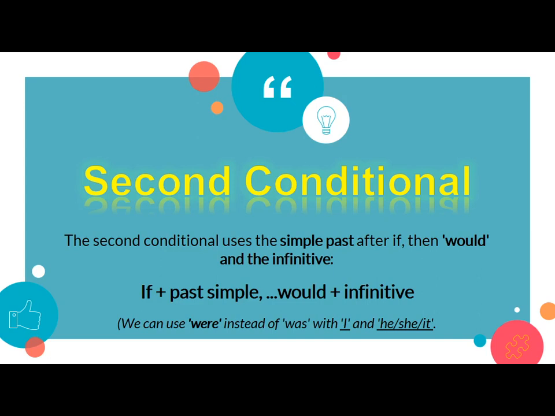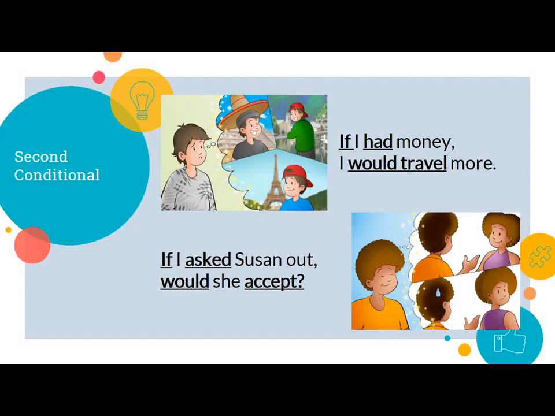I, you, he, she, it, we, and they. For all of them, we're going to use I were, you were, he were, she were, it were, we were, and they were, because we're referring to a condition. We're going to check some more examples in the following slide.